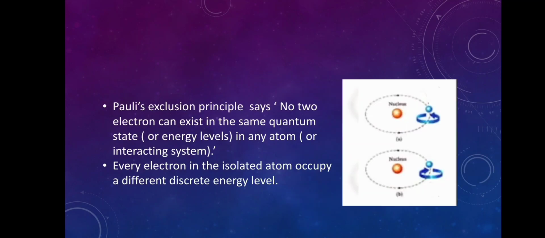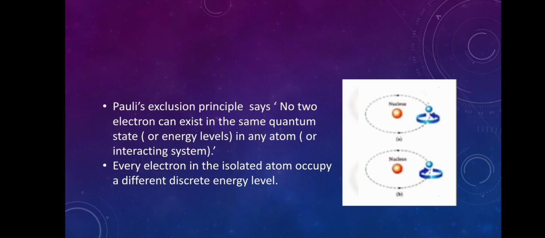That is in accordance with the Pauli's exclusion principle. No two electrons can have the same energy level in any interacting system. So in an atom also, no two electrons have exactly the same energy levels. This happens because even though there are more electrons in every orbit, their magnetic spin would be different, and that causes a difference in the magnetic moments between those electrons in the same orbit.